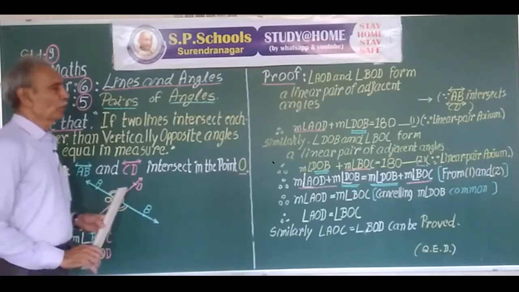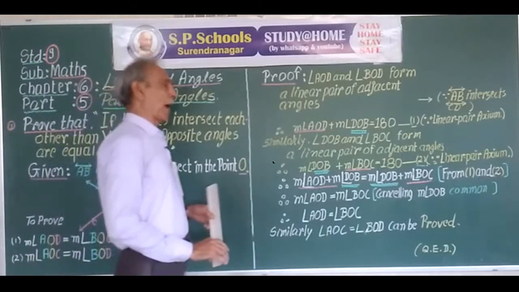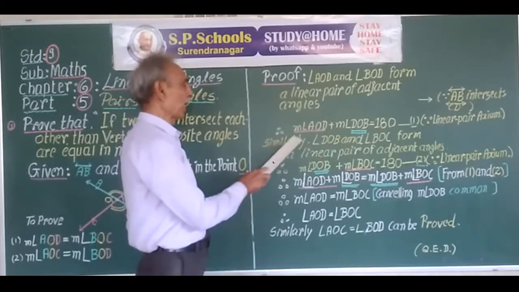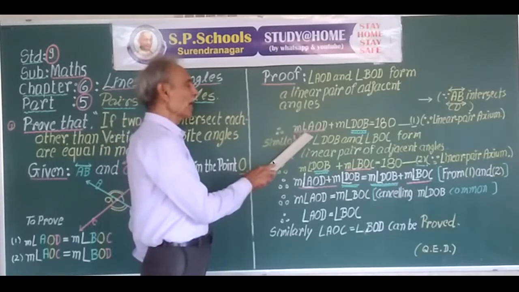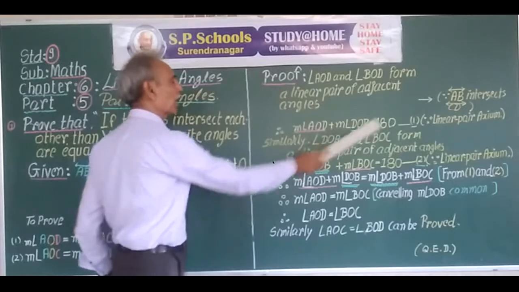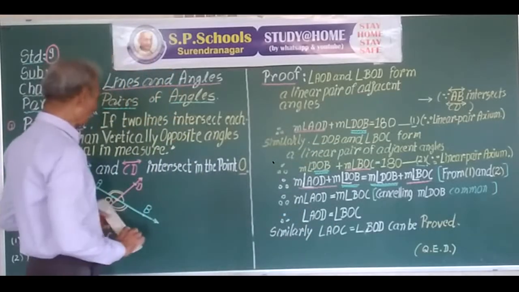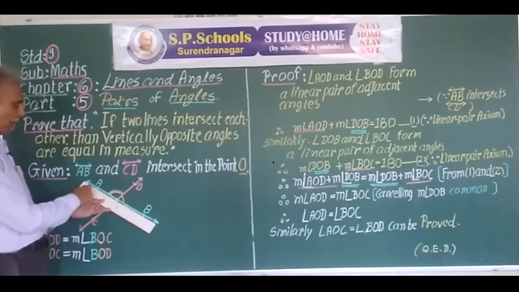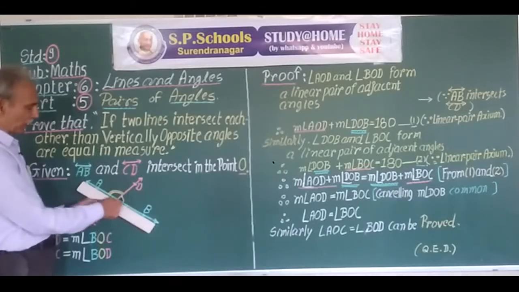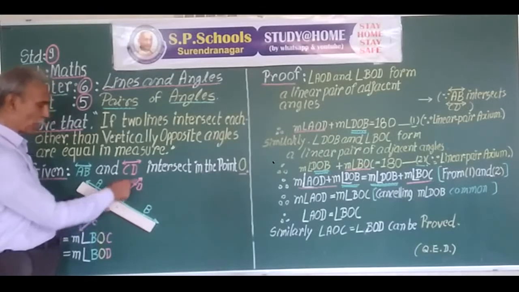Now, from the property of linear pair, we can say that measure angle AOD plus measure angle BOD equals 180.